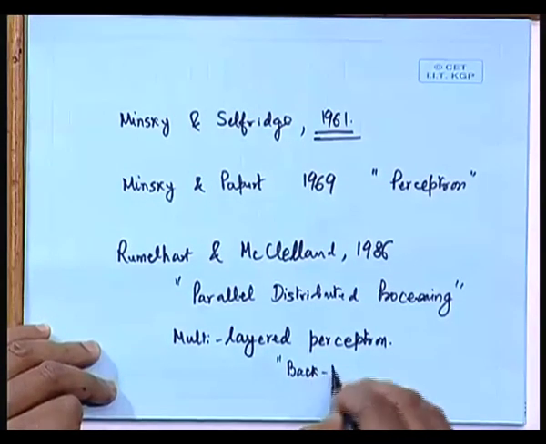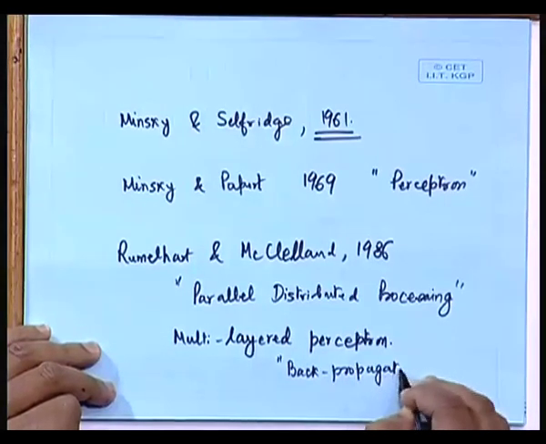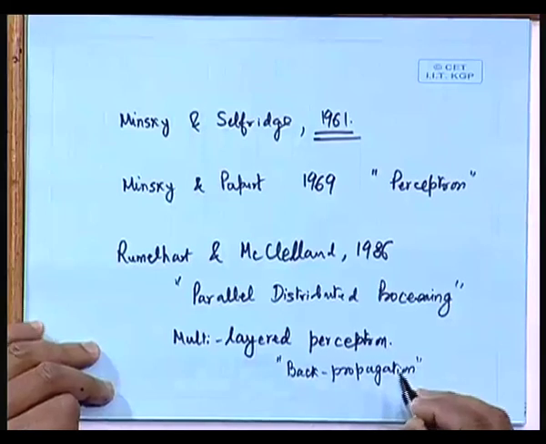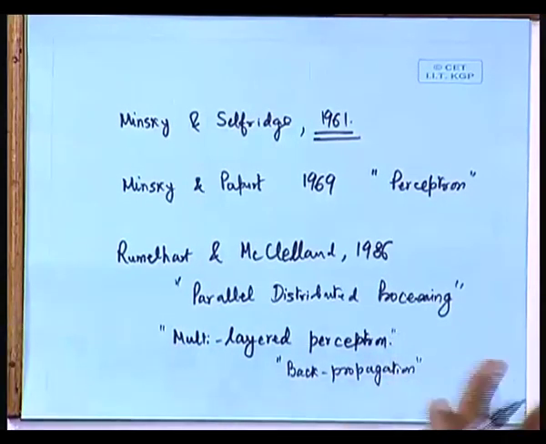Many times I find that the words back propagation and multi-layered perceptron are used interchangeably. They should not be, because the word back propagation has some concept built into it, whereas the idea of a multi-layered perceptron is pretty simple.